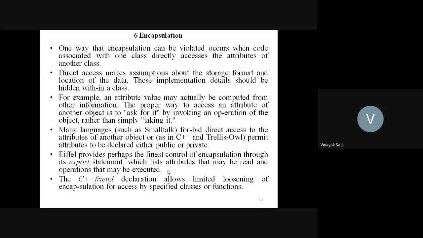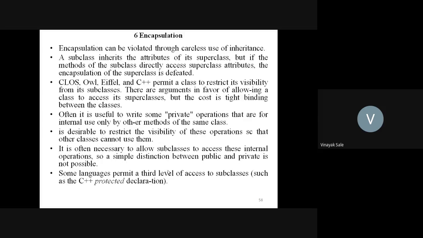The C++ friend declaration allows limited loosening of encapsulation for access by specified classes or functions. Encapsulation can also be violated through the careless use of inheritance. A subclass inherits the attributes of its superclass, but if the methods of the subclass directly access superclass attributes, the encapsulation of the superclass is defeated.